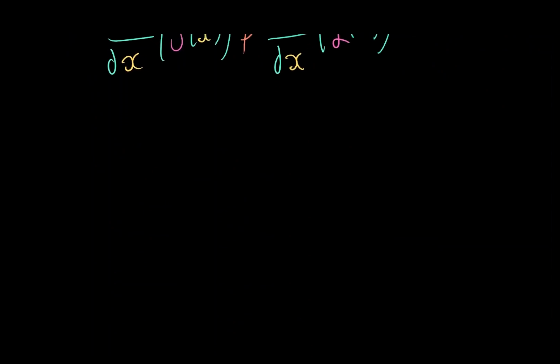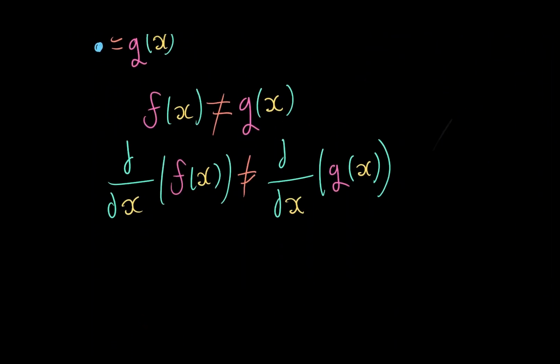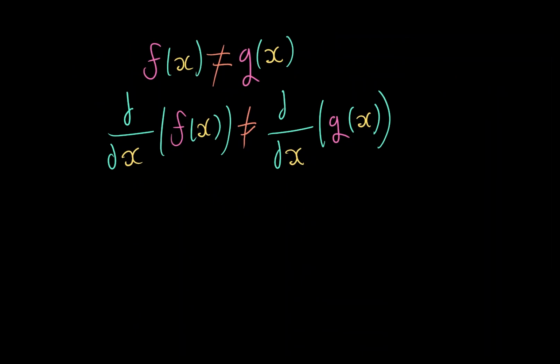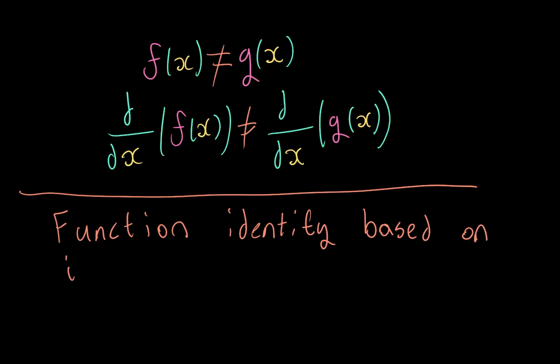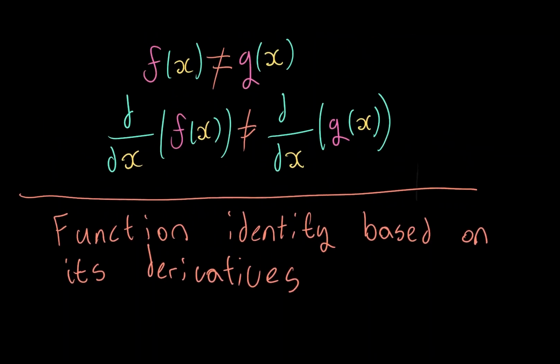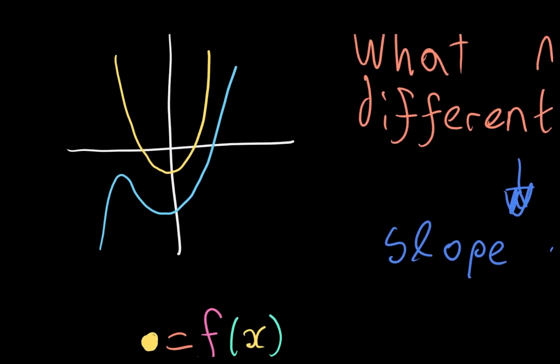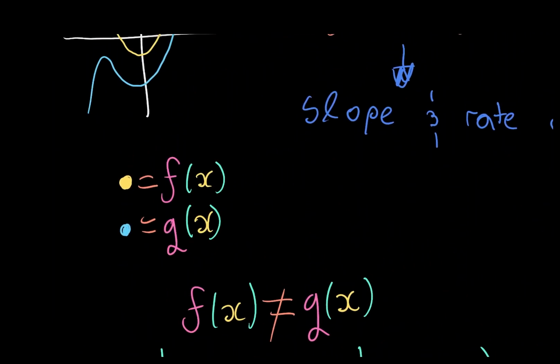So with this question and answer and a bit of train of thought, we can see that functions can have an identity based on their derivatives. As we see here, these have different curves, and we took the derivative of them.